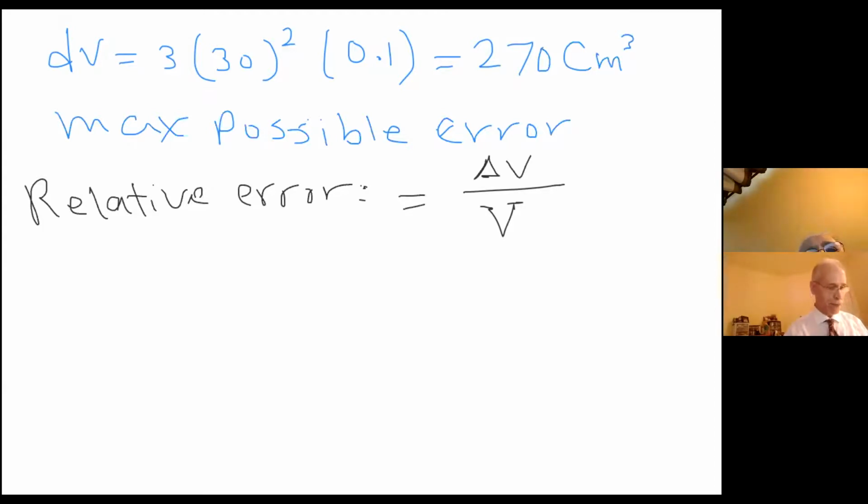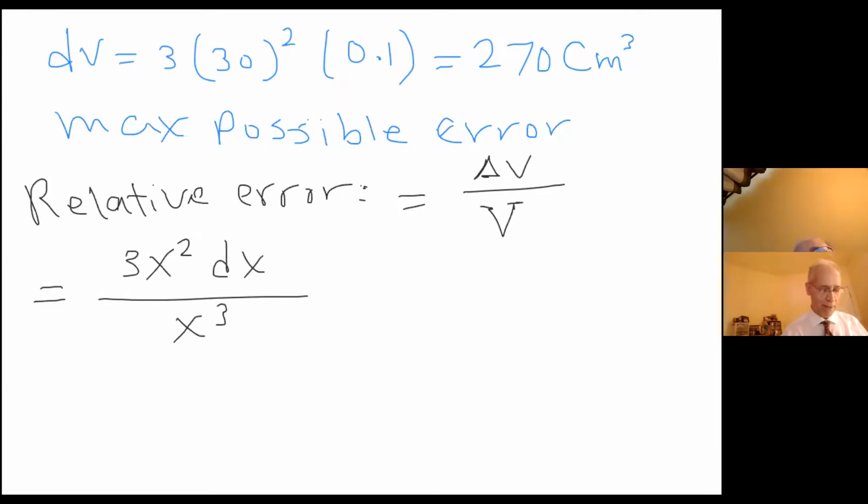And so what is it that we know about dV? We already learned that dV was 3x squared dx, and the theoretical volume is x cubed. And if I simplify this, I get 3 times dx over x.